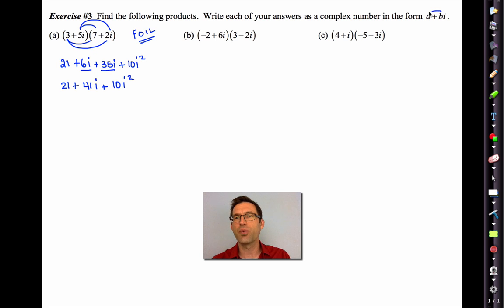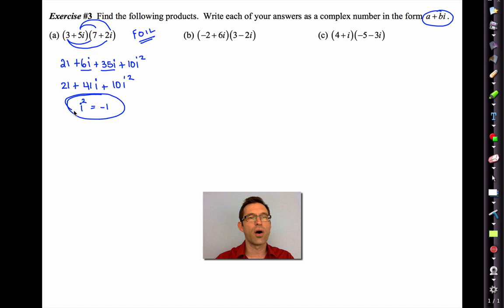But then what do I do with this? I mean, it says put it in a plus bi form. It didn't say I could have i squareds left in my answer. But that's the beauty of complex numbers. You see, i isn't just a variable. i squared is negative 1. Always, always, always, always.